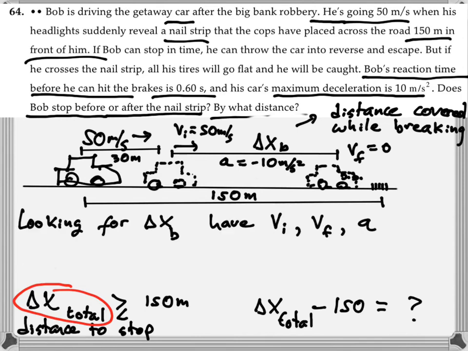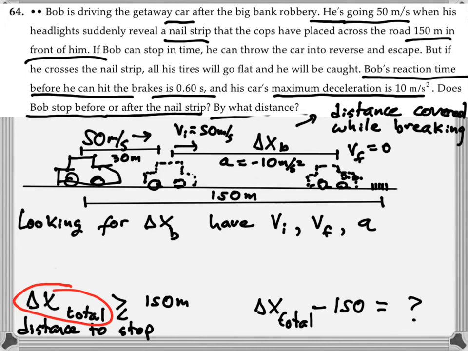So, focusing on calculating the distance traveled by Bob's car while he's braking, we're looking for distance. We have the initial velocity, which is 50 meters per second, the final velocity, which is 0, and the acceleration, which is minus 10. All of these quantities are known except for delta xb, which is what we're looking for.